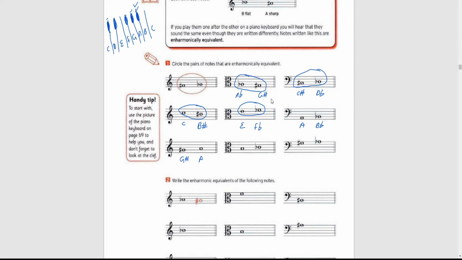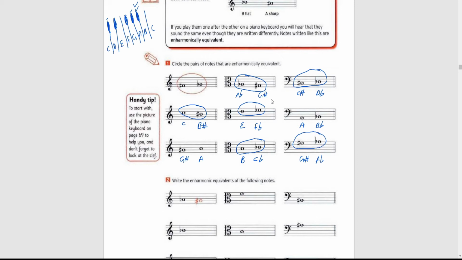Next you see this is B, this is C flat. B, C flat, yes, because this is one semitone away. So this is equivalent. Last one, this is our G sharp, this is our A flat. G sharp, A flat, yes, this is equivalent.